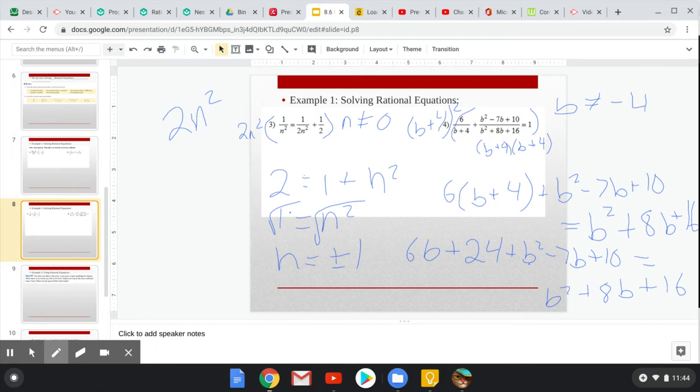And now I'm going to get everything to one side, because this is quadratic, so I need to get everything to one side and then see if I can factor.